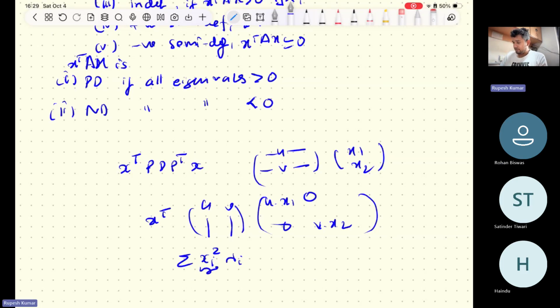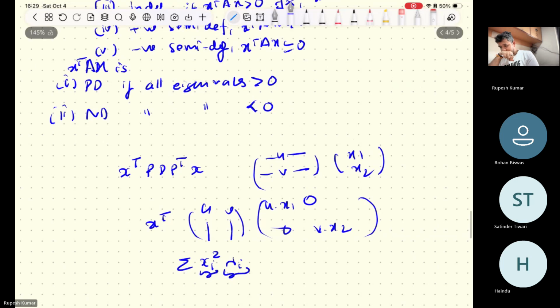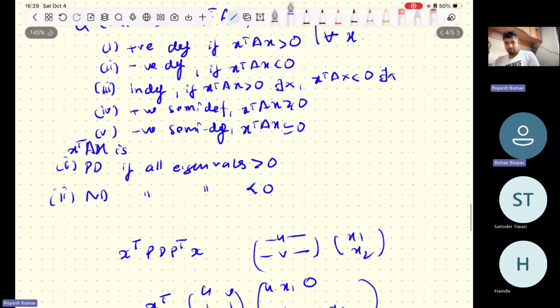So whether it is positive definite or not entirely depends on the eigenvalues lambda. Do you have any doubts in these definitions? No, sir. Fine.